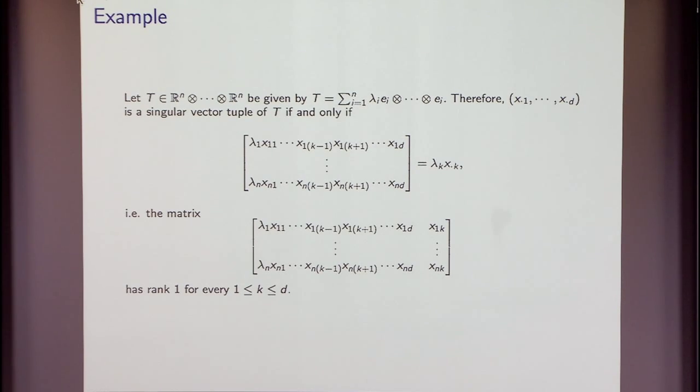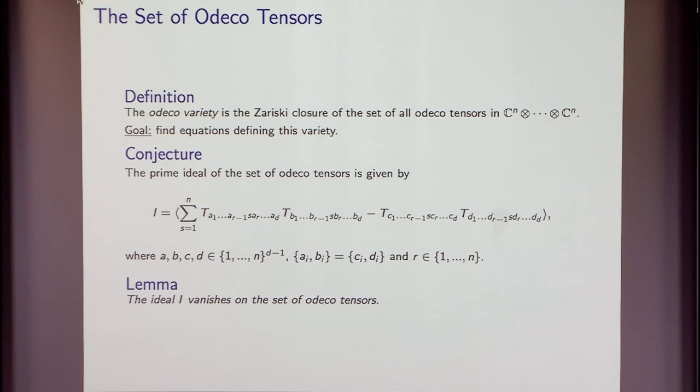Okay. And the last thing I wanted to say was the set of equations defining the variety of nonsymmetric Odeco tensors. First of all, the Odeco variety is, again, a Zariski closure, and we take it inside C^n tensor power d. Now I conjecture that the equations are the same as before.